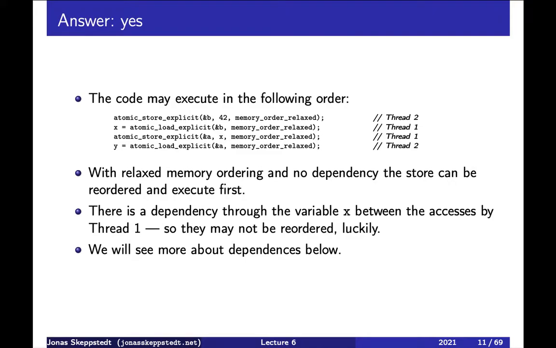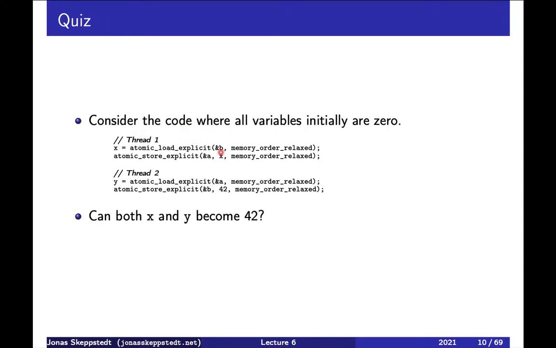So the answer is yes. And why can it be so? Well, since we use memory order relaxed, a thread can reorder these operations. Thread 1 cannot reorder them because it reads x and then it uses x. So here is a data dependence on x, so it would be impossible to change the order for these two.